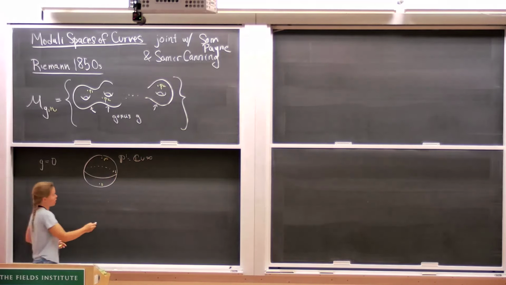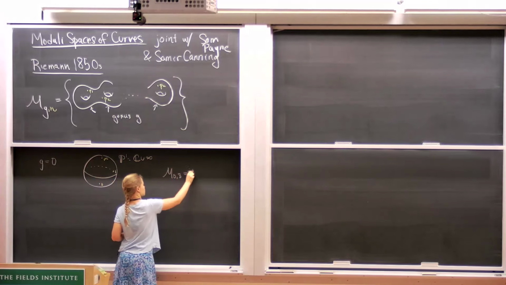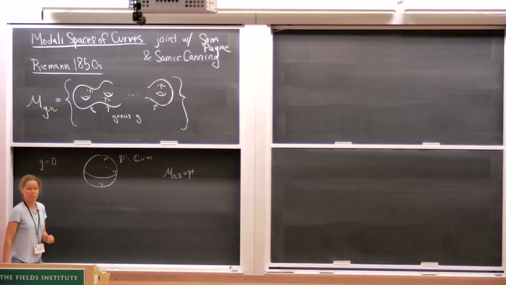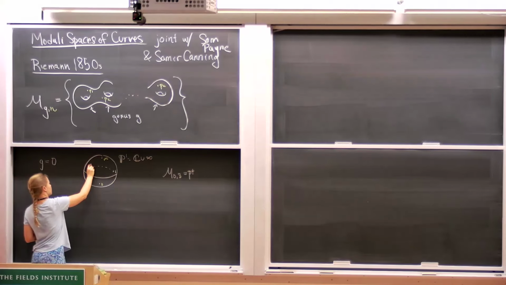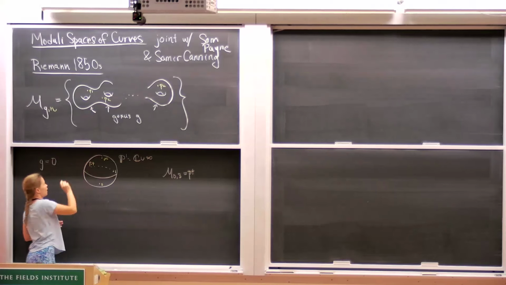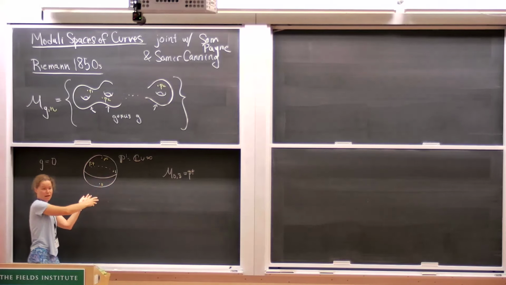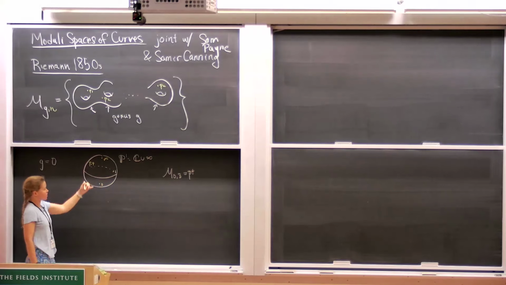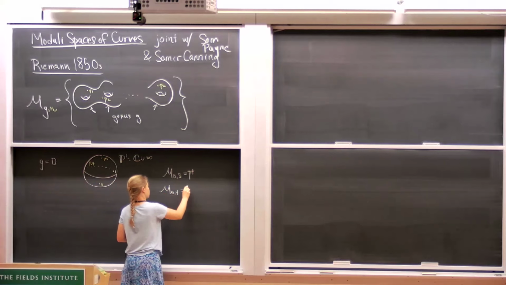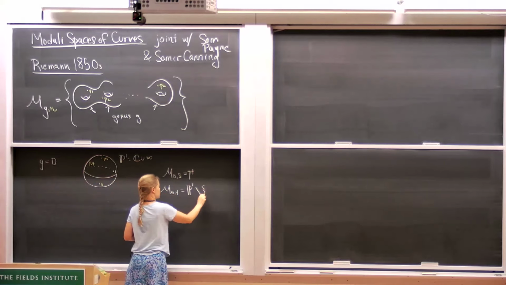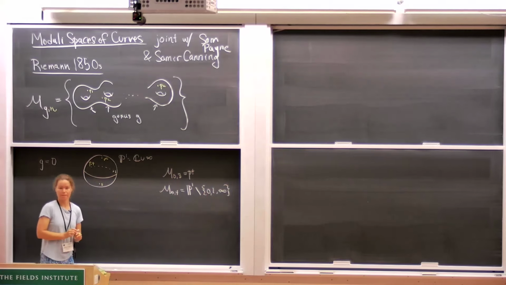And so M_{0,3} is just a point. But as soon as I have a 4th point, well, I could act and take the first 3 to 0, 1, and infinity, but now the possibilities for where that last point is are parameterized by P^1 minus 0, 1, and infinity.